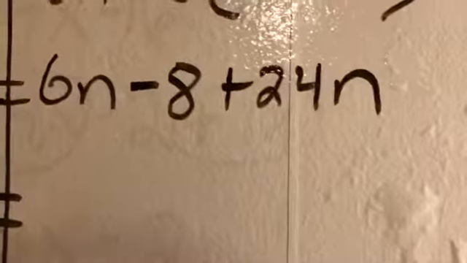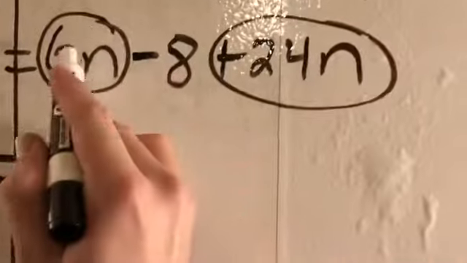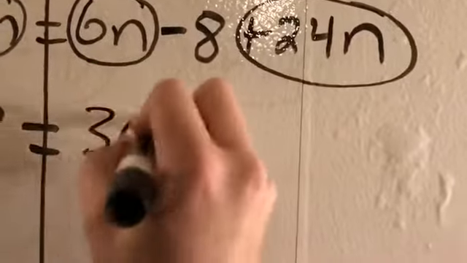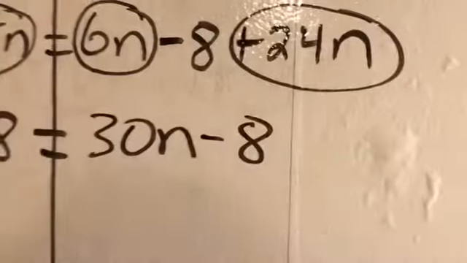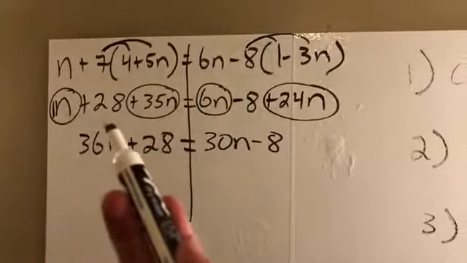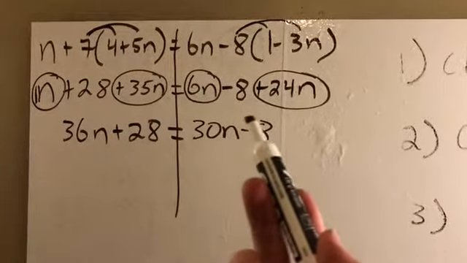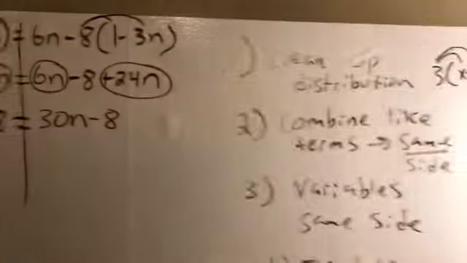Going to the other side now, I see a 6n and a 24n. Since they're on the same side, I don't change anything. 6n plus 24n is 30n. That negative goes with the 8, and it's going to come on down. So I combined my n's over here, 28 came down. I combined the n's over here, the negative 8 came down.